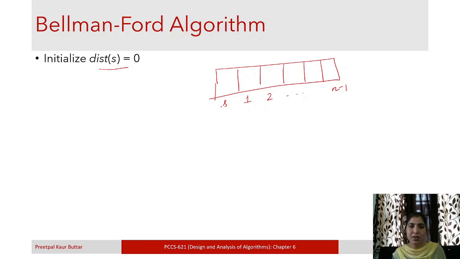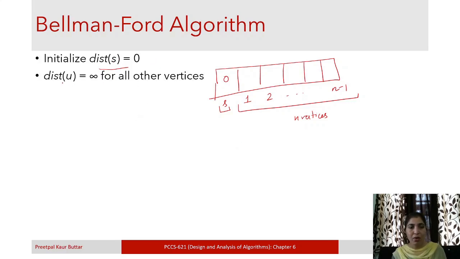So in total there are n vertices, and except the source vertex, all other vertices are numbered from 1 to n minus 1. So this is one more basic subproblem or the base case, where we initialize the distance to the source node equal to 0, because we are at the source node. And the distance to all other vertices from the source node, as I told you before, will be infinity.